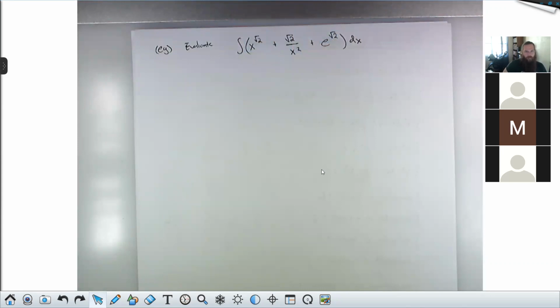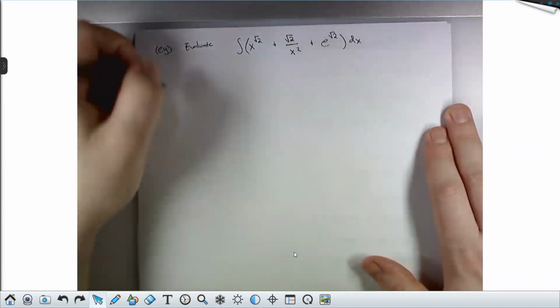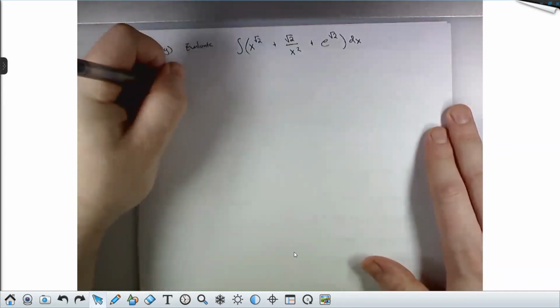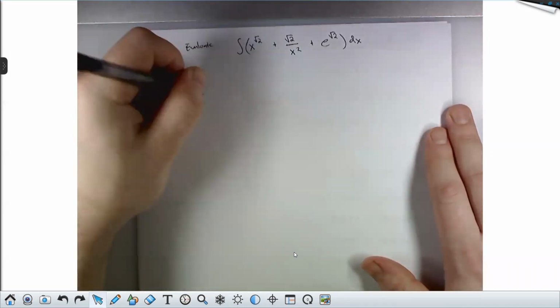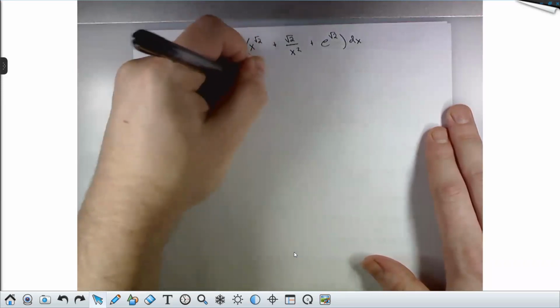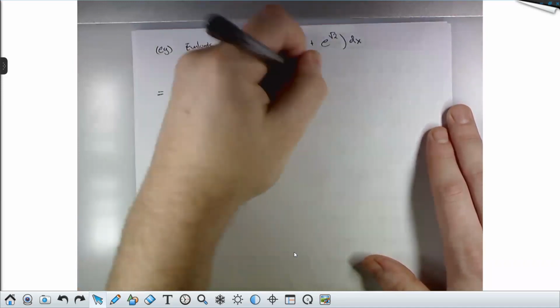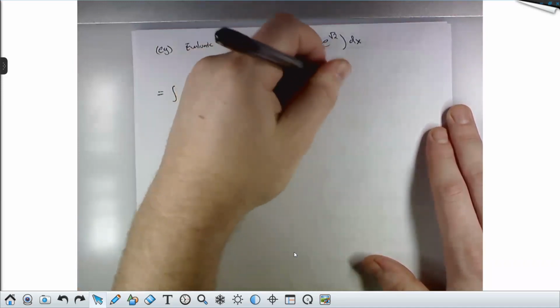And we should think about how to evaluate antiderivatives for each of these. They each require their own sort of thing. We can begin by splitting this up, and I would suggest doing that. So this is integral of x to the root 2 dx plus integral of root 2 over x squared dx plus integral of e to the root 2 dx.